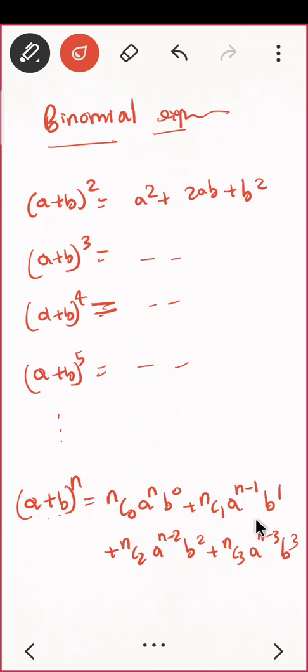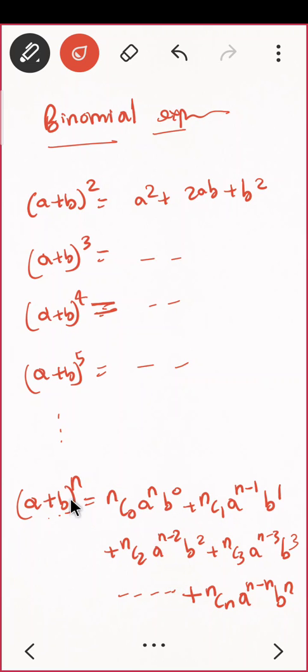Do you see the pattern? Can you tell me the last term? nCn a raised to n minus n b raised to n. Perfect. Will you remember this formula?